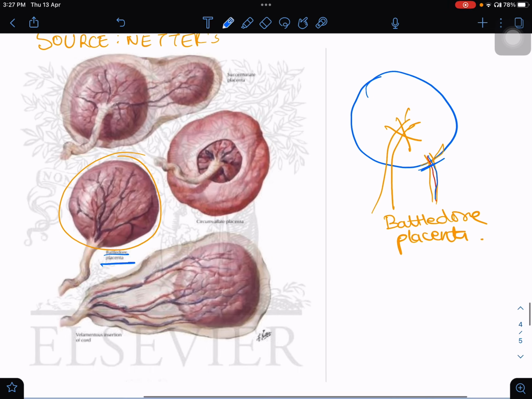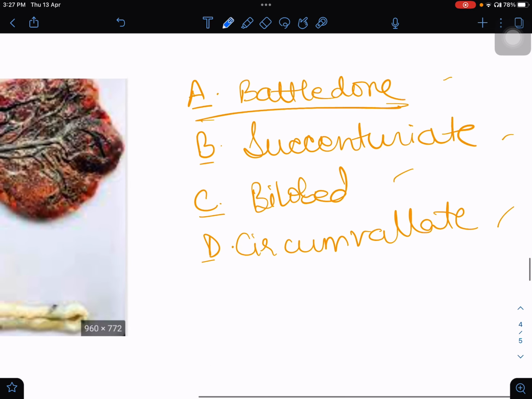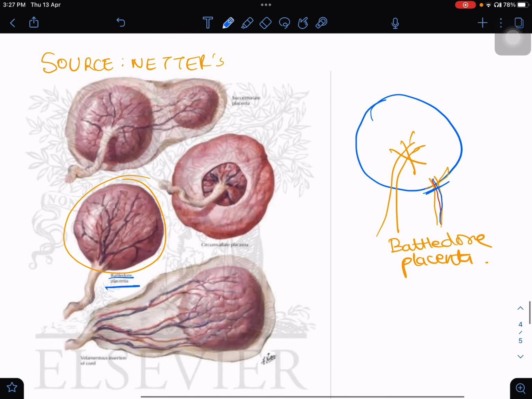Now the next option we had is succenturiate placenta. Coming back to this diagram, this is the succenturiate placenta, and I don't know if you can see the writing, it's so small.